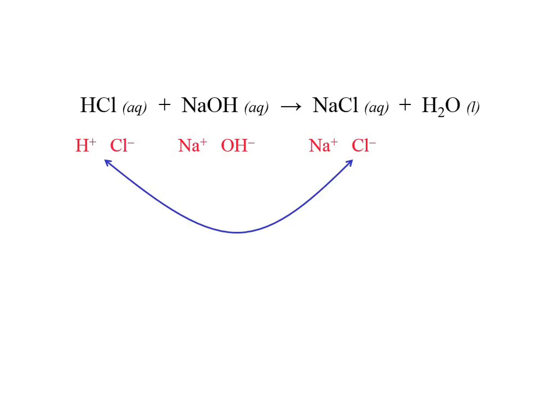So if we look for something that differs by a proton, if you focus on your chloride species, okay, here we have it differing by a proton. HCl on this side is acting as a proton donor. Over here, it's acting as a proton acceptor, if we were to go back to the other side again.